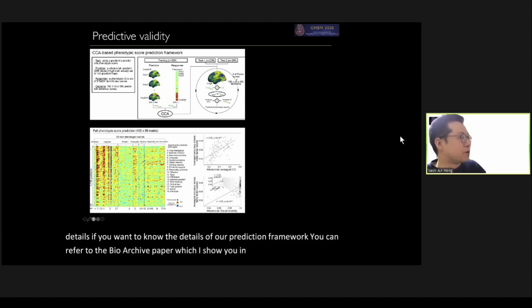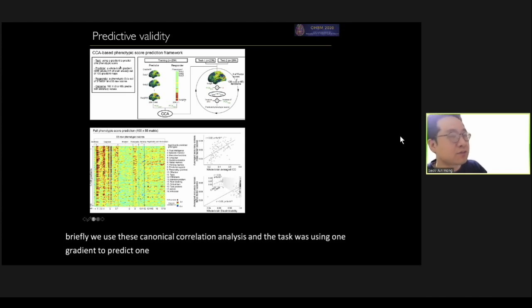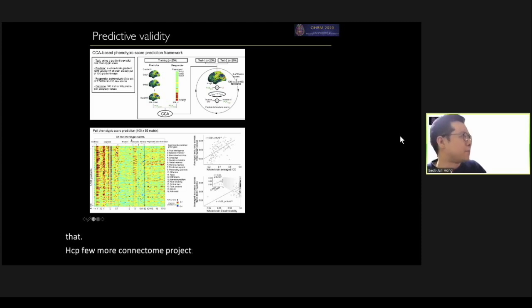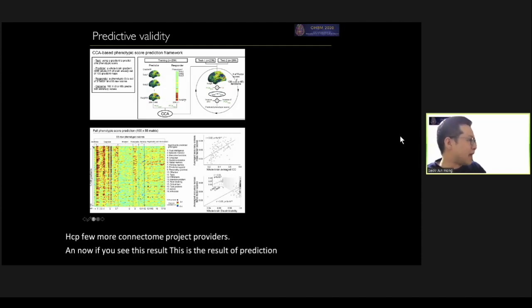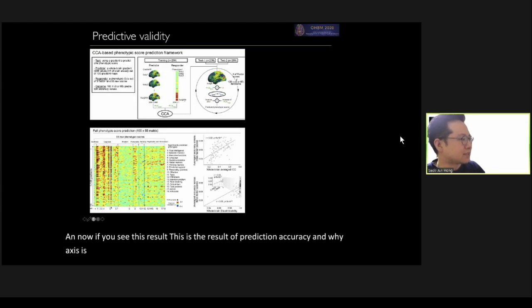Briefly, we use canonical correlation analysis, and the task was using 1 gradient to predict 1 phenotypic score out of the 65 different phenotypic scores that the Human Connectome Project provides. Now this is the result of prediction accuracy, where the y-axis is 100 different gradients and the x-axis is 65 different phenotypic scores.